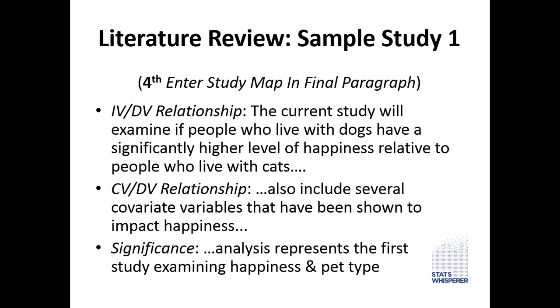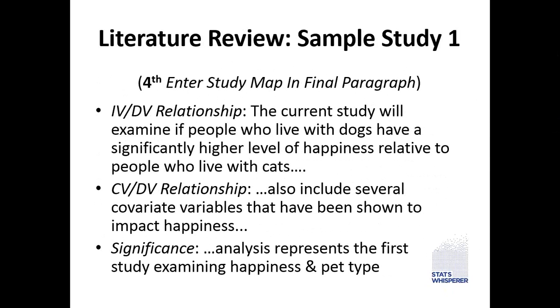And then secondarily, we might mention our covariate variables, such as bullet 2. Also, we're going to include several covariate variables that have shown to impact happiness. And then the significance, which is one of my favorite sentences in the paper, right, is a little self-aggrandizing, right?